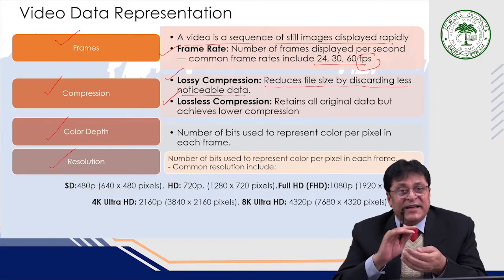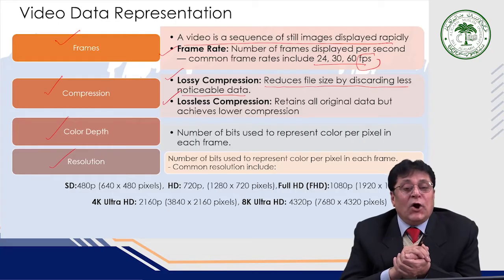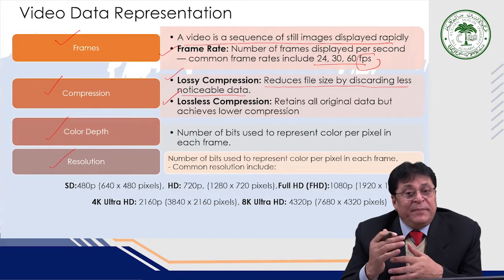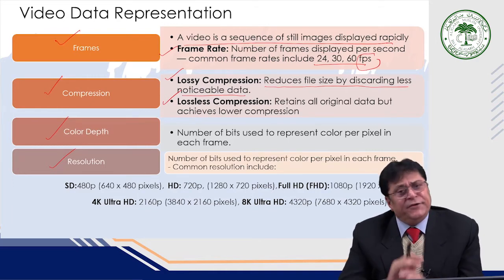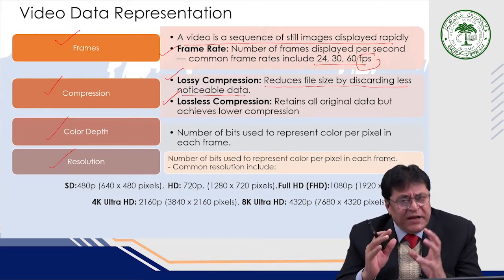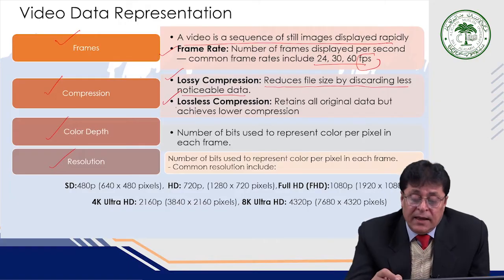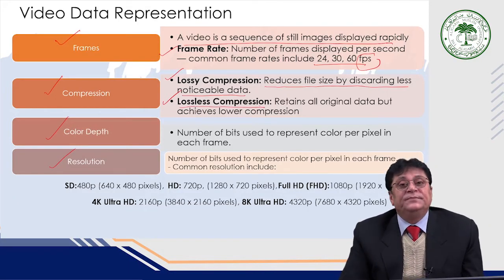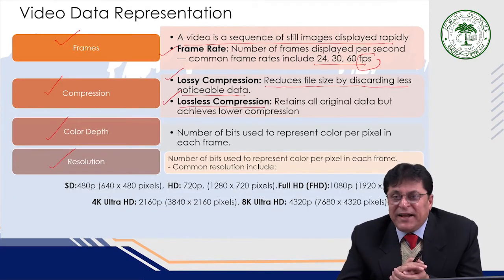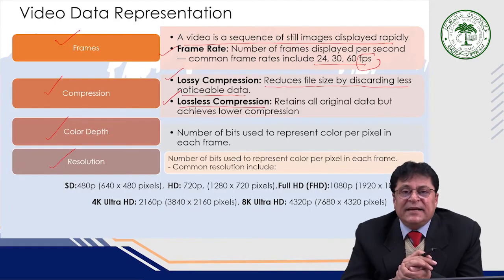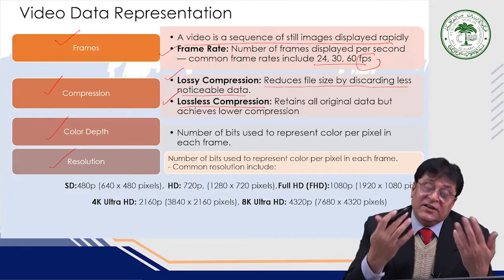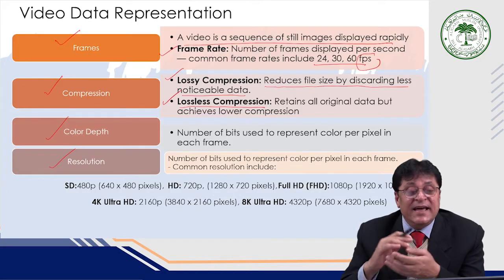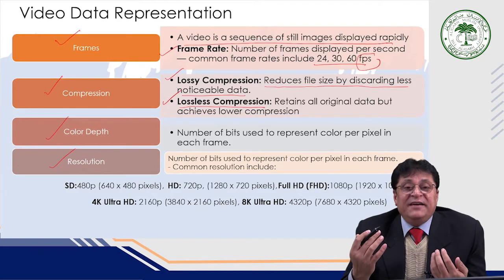So, once something is compressed using lossy compression, when it is decompressed, there will be a loss of data, but it will not be very noticeable. For lossless compression, when X is compressed and then decompressed, X will be obtained. In case of lossy, X is compressed, decompression will give X dash.